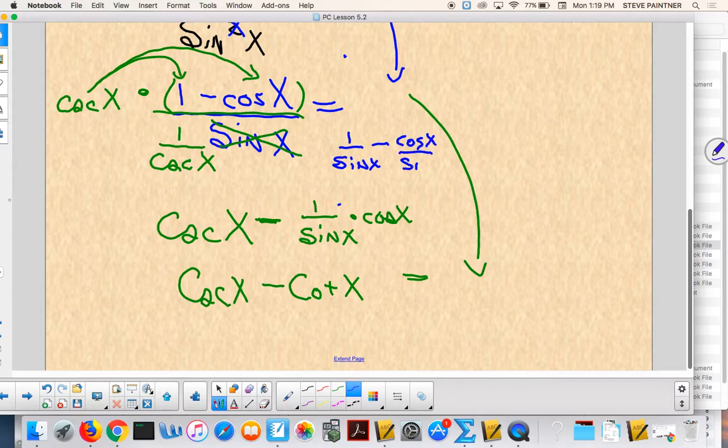I'm breaking it apart into two fractions. And then what's 1 over sine? Cosecant. And what's cosine over sine? Cotangent. So if you break it apart into two separate fractions, you can get it also.